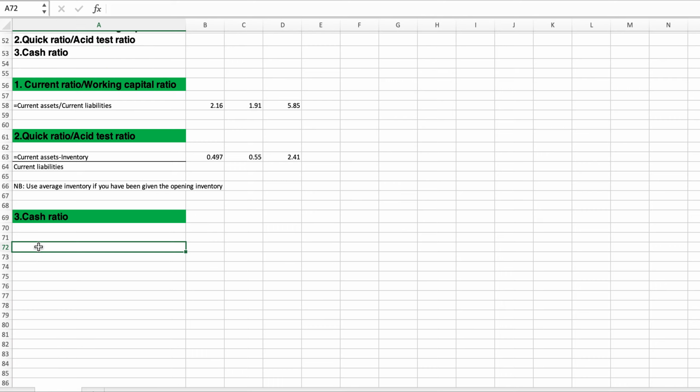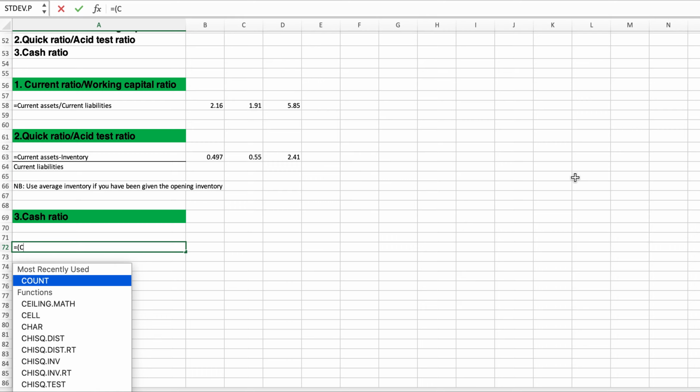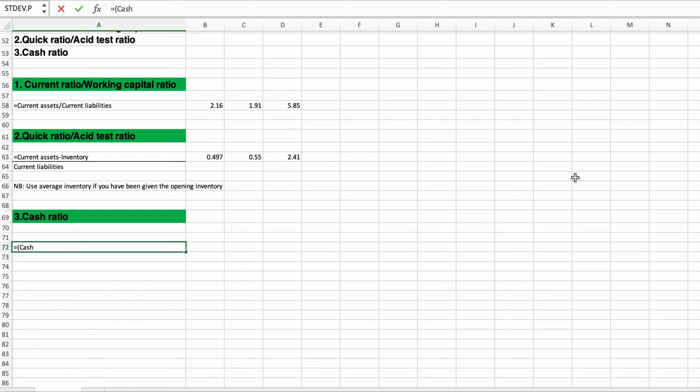The formula for the cash ratio is equal to cash plus cash equivalents, you divide by the current liabilities. You divide by the current liabilities.